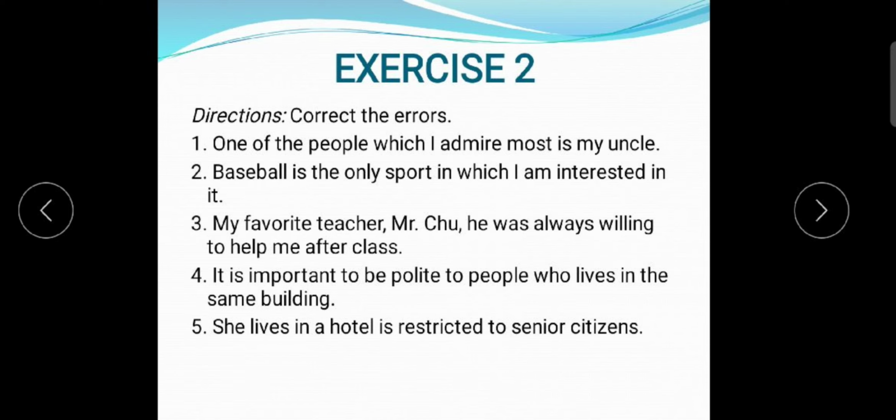Which is used for things. Because we talk about people, it must be who, not which. One of the people who I admire most is my uncle. For example, like that. I will give you 10 minutes to do this exercise.